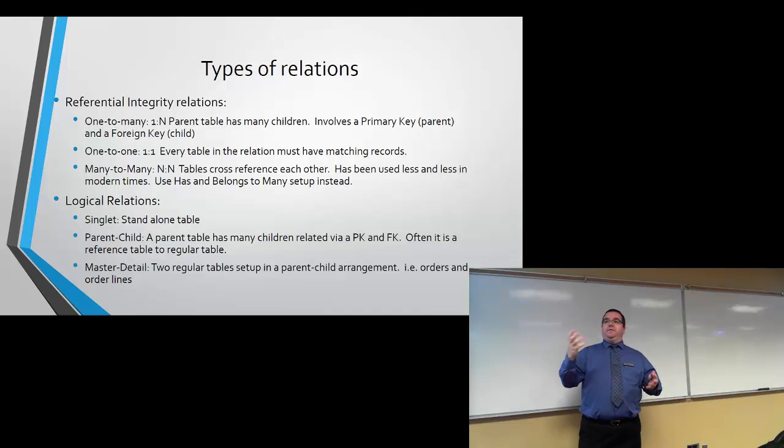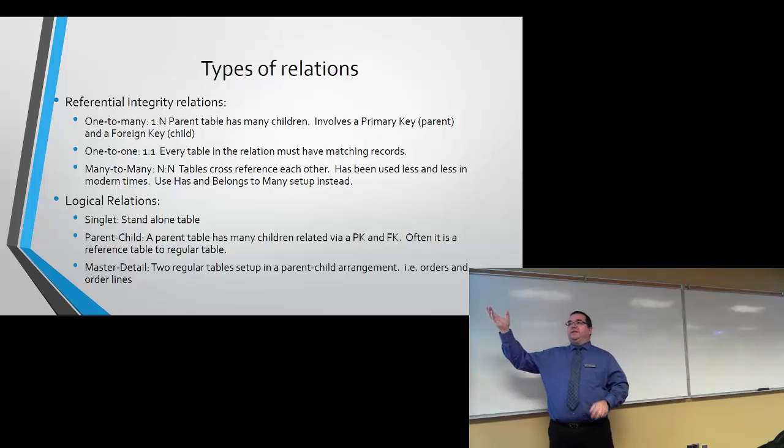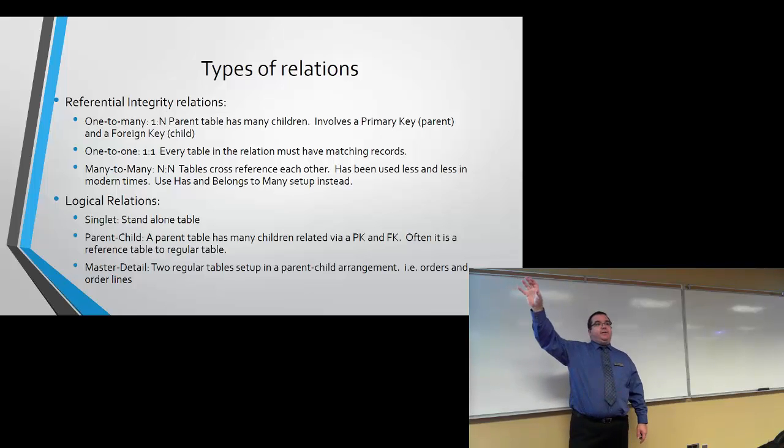A good example of this would be a customer is a regular table. The reference table might be a list of provinces or countries. The countries is the parent, the customer is the child. Because each child can only ever have one value from the parent table, but the parent table can have many records associated to it. Parent to child.